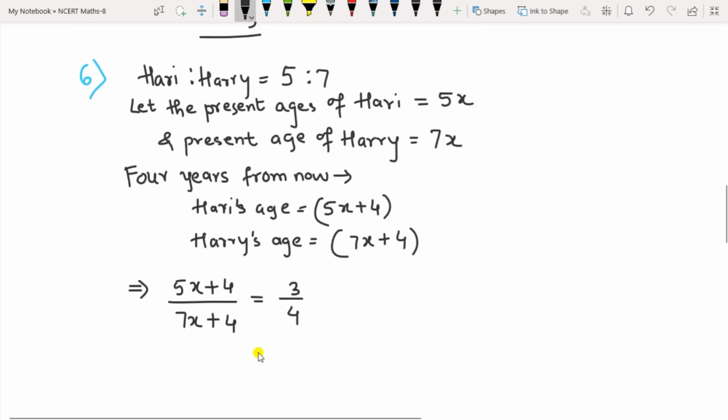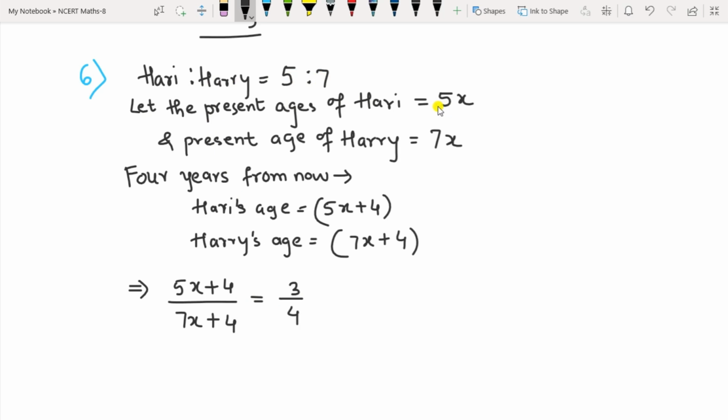You need to find their present ages, if 4 years after, the ratio of the ages of Harry and Hurry gets equal to 3 by 4. So first we will write Hurry is to Harry is 5:7. So 5:7 ratio is given. So we will write like this.